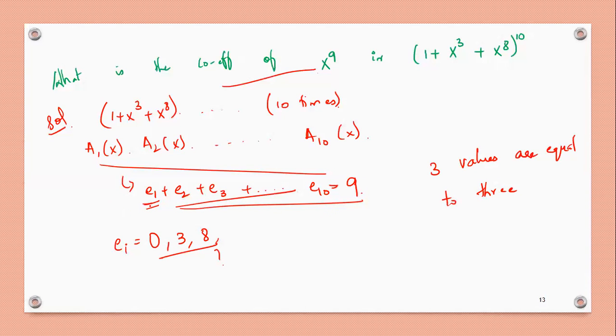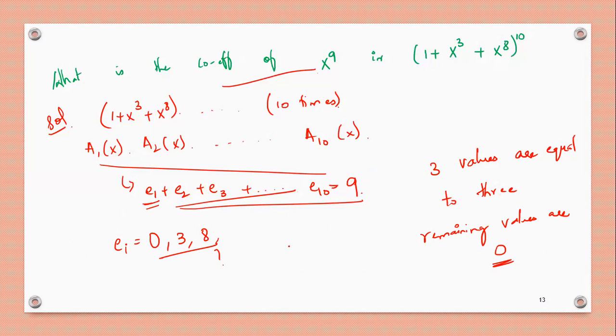Suppose E1, E2 and E3 are 3, then the remaining values are 0. Only then we can get this 9. So there is only one solution.